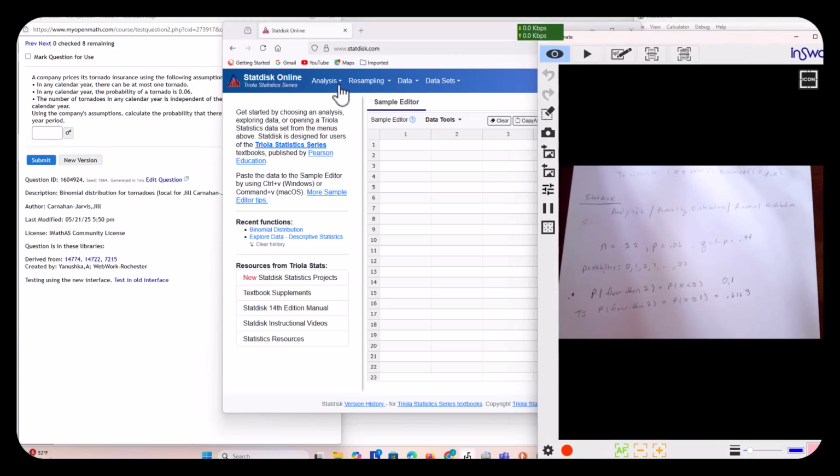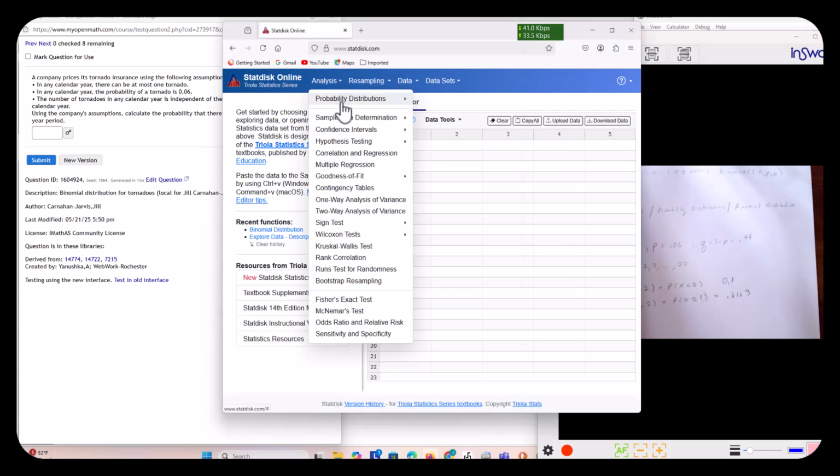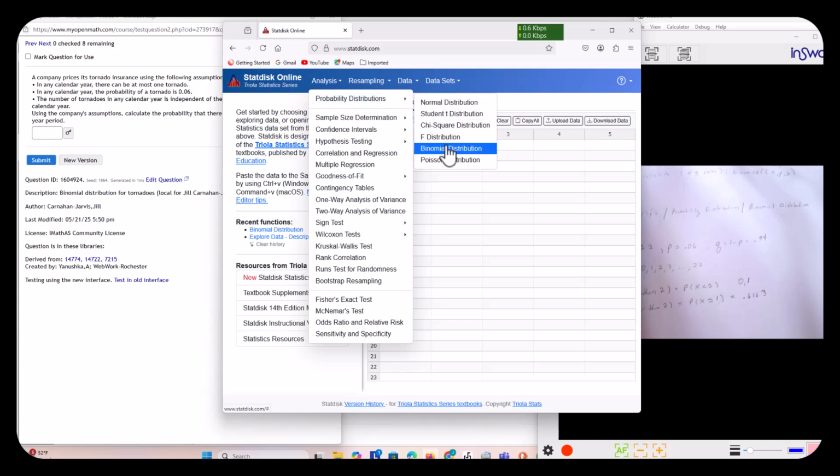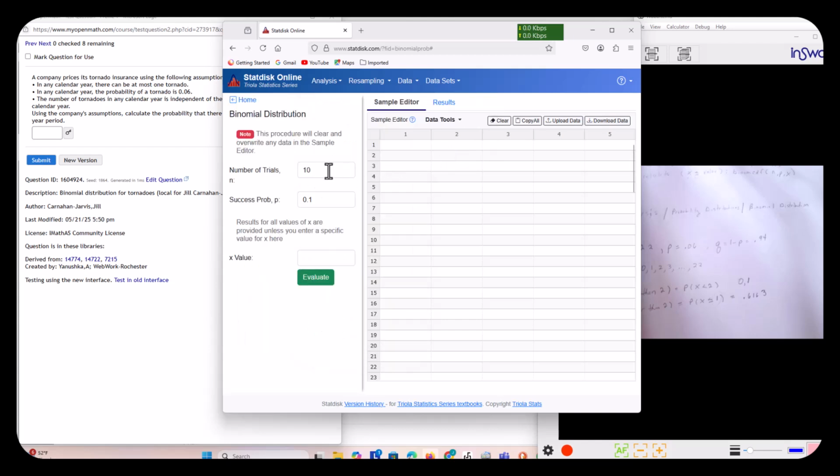Let's go to analysis, probability distribution, like I have here. Go to binomial. Number of trials, that's N, is 22.